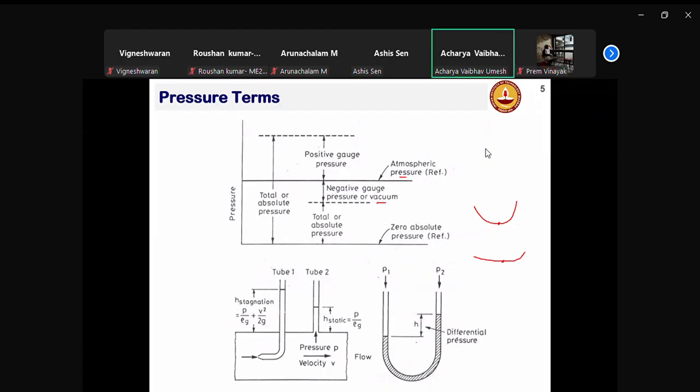Both in the left limb and the right limb, you fix the reference point. It could be the lowest point or the highest point. If you fix the reference point, then it doesn't matter how many fluids you have, and independent of their properties, you would be able to balance. Because eventually it is basically pressure head balance. You draw a horizontal line here or here, it doesn't matter.